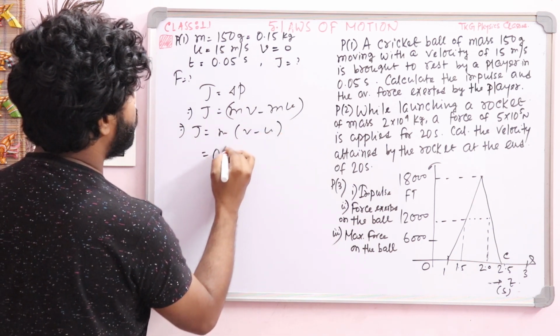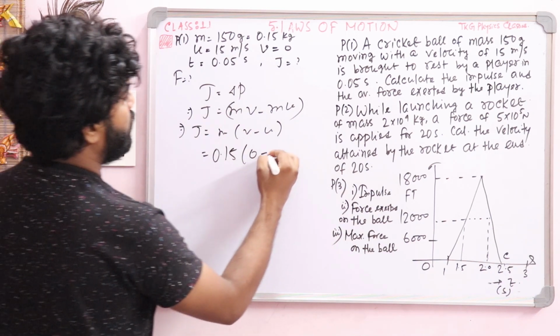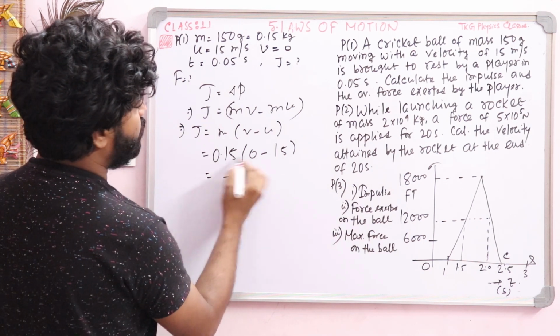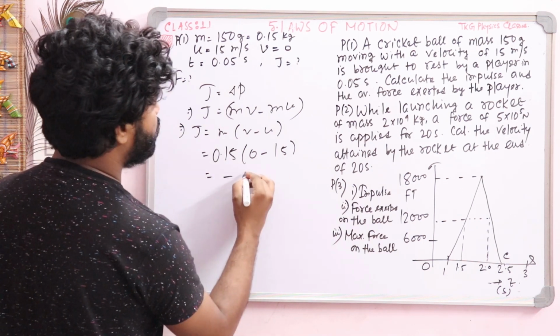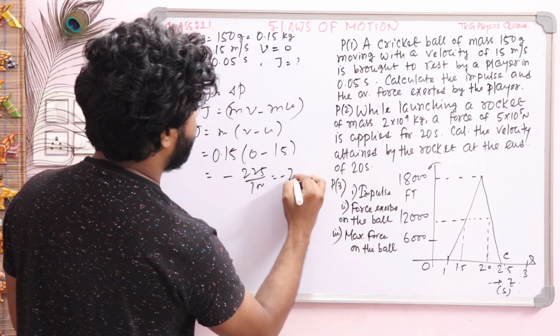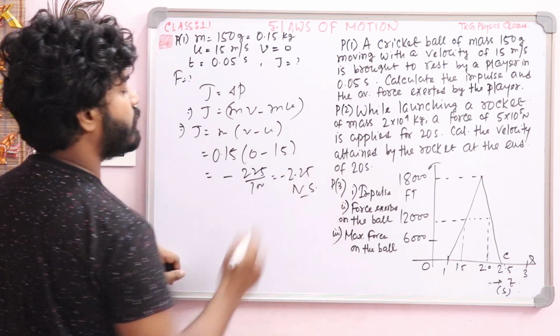Now putting the values: m is 0.15, v is 0, minus u which is minus 15. So this value is minus 225 divided by 100, that is minus 2.25, and the unit of impulse, that is force into time, is Newton second.